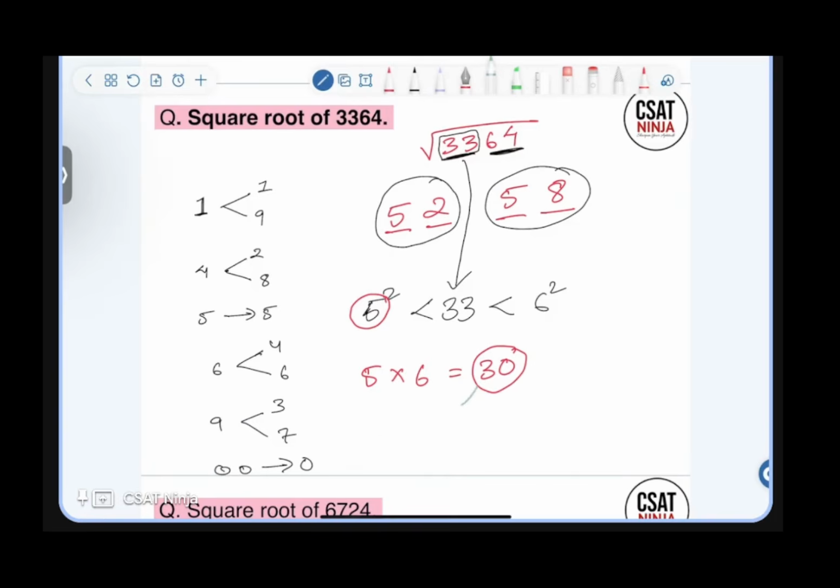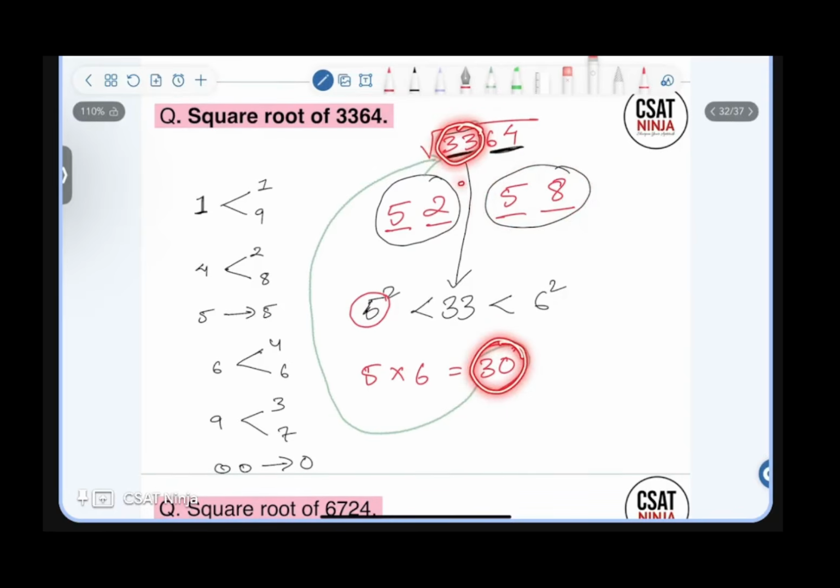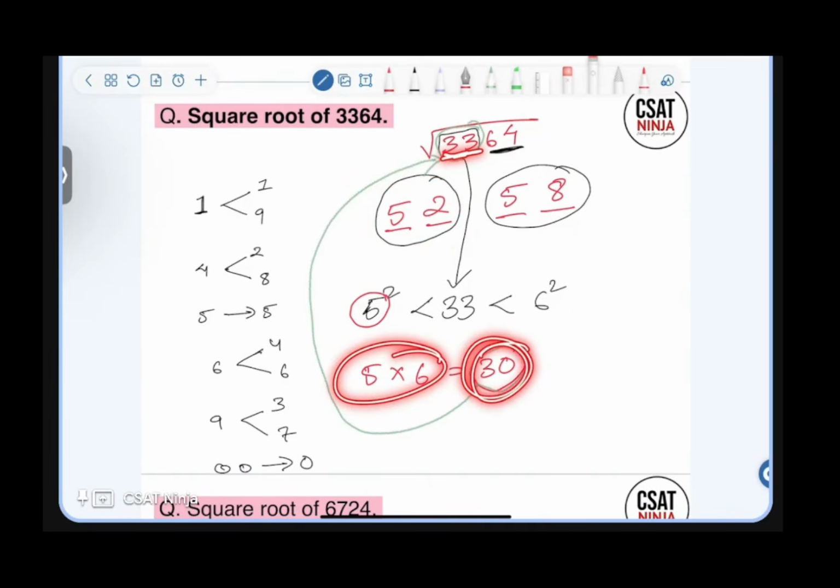If the number here is greater than this one, you will go for the greater number. If the number here is smaller than this one, then you will go for the smaller number. In this case, the number here is greater than 30, so the greater number is the answer.